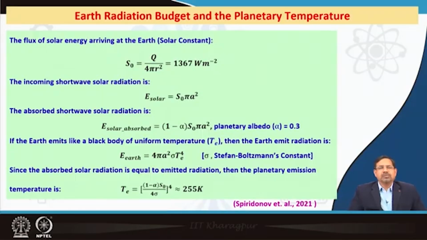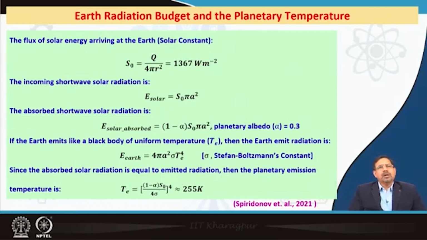It varies between 1365 and 1370, so on average we call it 1367 watts per meter square, expressed using this equation.